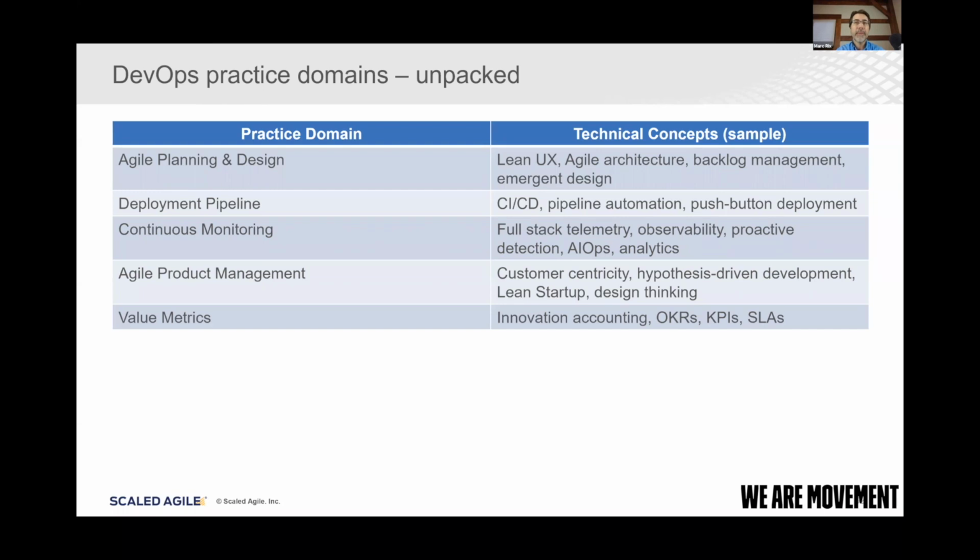The way we manage our backlogs is very important because the things that we do upstream can very, very often determine successful delivery and successful DevOps downstream. So we need the people upstream in the value stream to be thinking about continuous delivery and thinking about speed and building quality in, and enabling the technical teams for delivery success as they're doing the planning. So that's why agile planning and design is a very, very important part of the DevOps model.